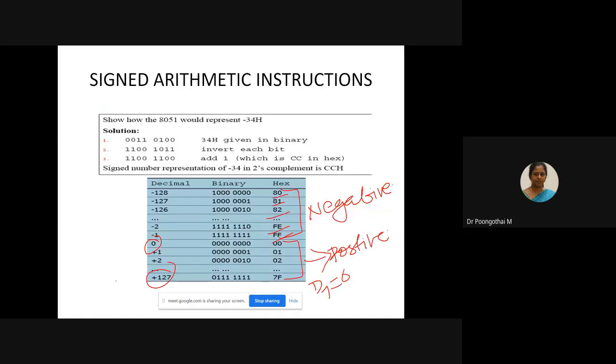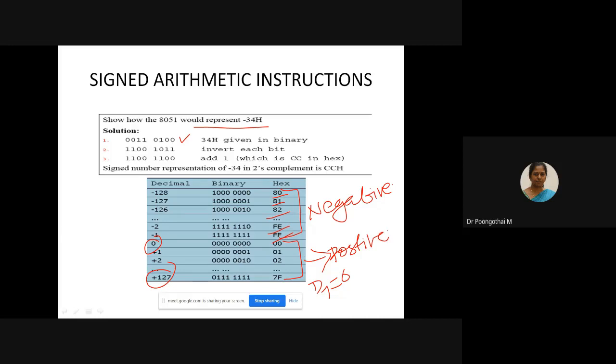Look at this example: minus 34. According to the steps, first write your number in binary. 34H in binary is 0011 0100.